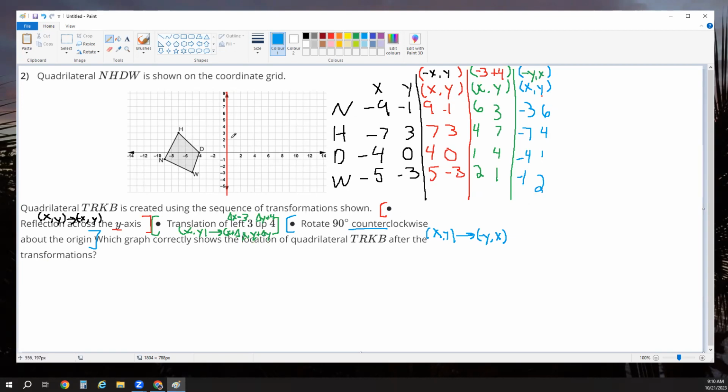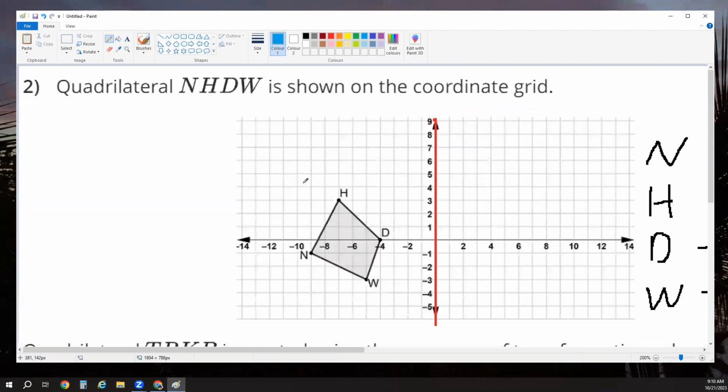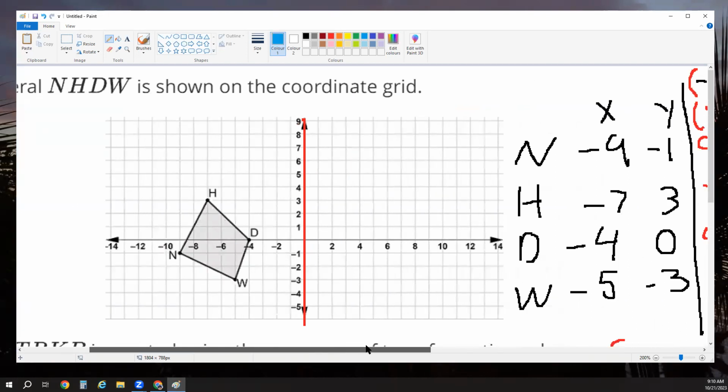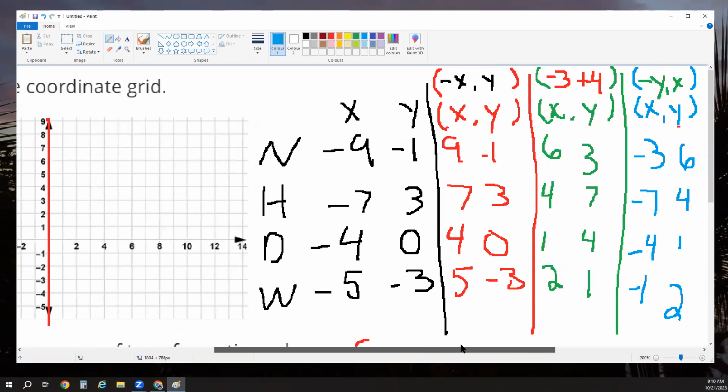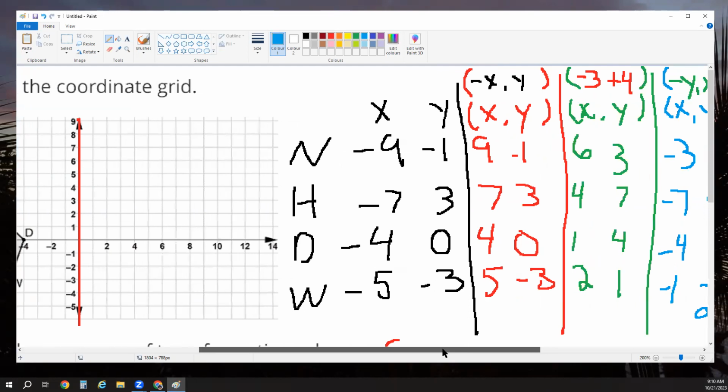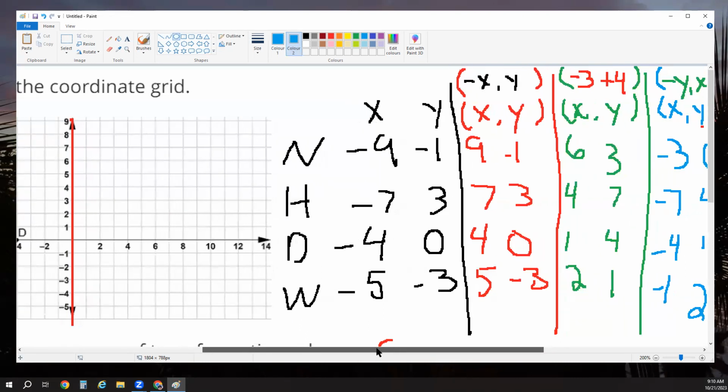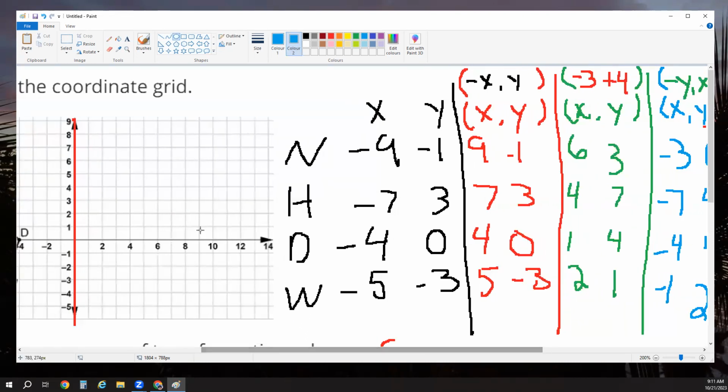So let me go ahead and zoom in, get everything. Yeah, I think I can get almost everything there. Okay, X is -3 and 6.